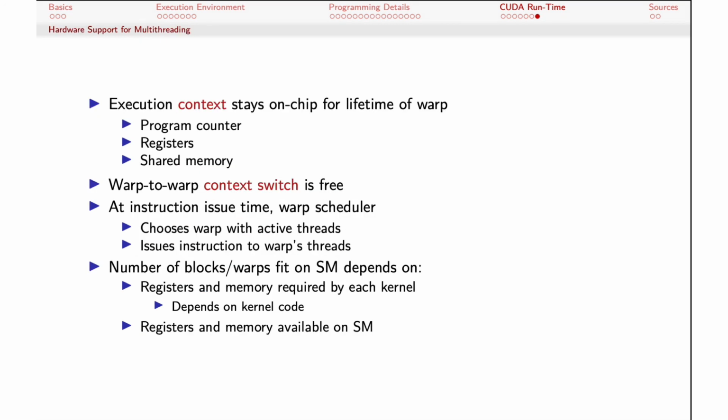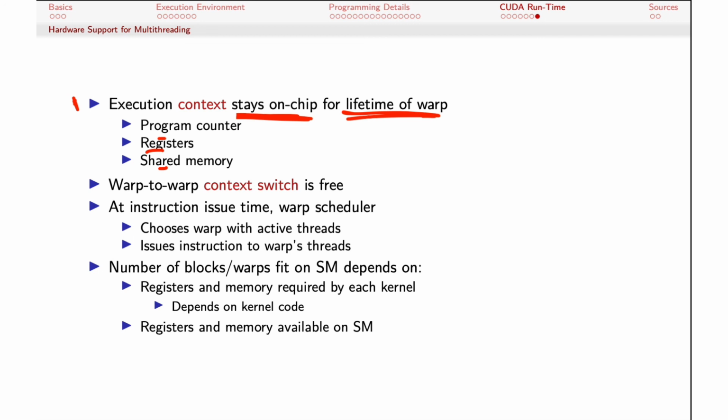However, the GPU is designed to do this. So what we see on an nVidia part is that the execution context, right, all that information like the program counter, the registers, the contents of shared memory and stuff, is going to stay on chip right there on the GPU for the lifetime of the warp. So once that warp gets started, we're never going to give away any of that context information until the warp is completed.